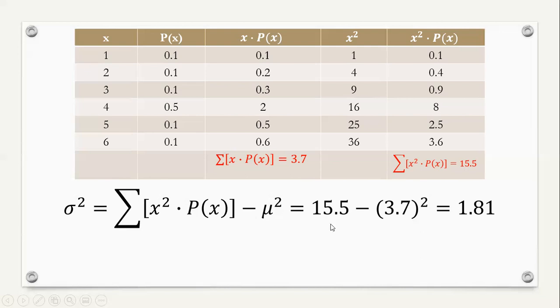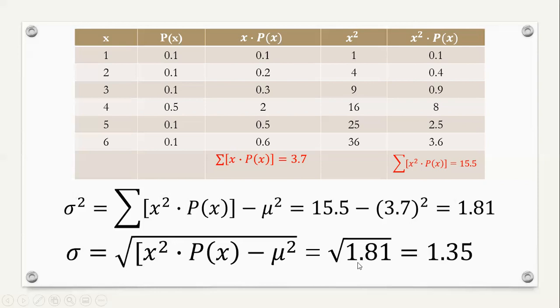So 15.5 minus the square of 3.7, therefore the variance is equal to 1.81. And in order for us to see how the dots in an unfair die vary from each other, we need to get the square root of 1.81, and that is approximately equal to 1.35. So 1.35 is the value of the standard deviation and the answer to the second question.